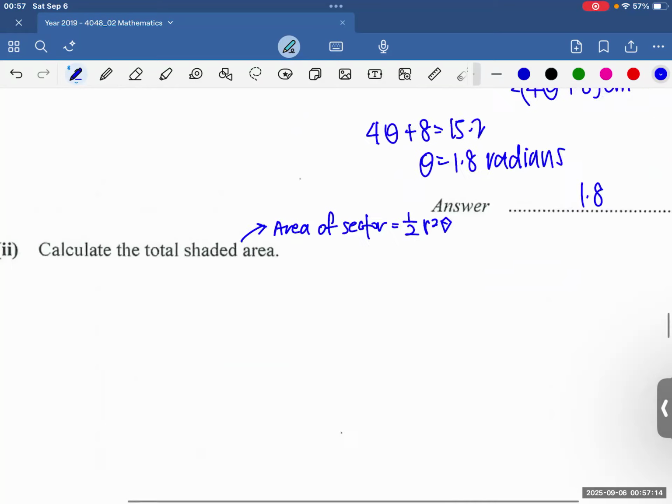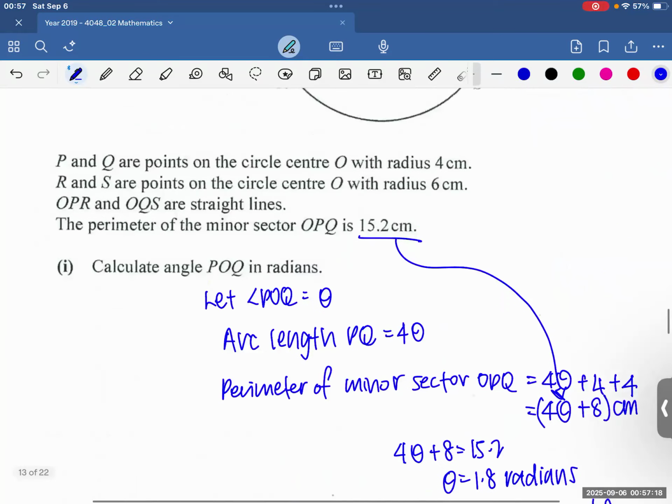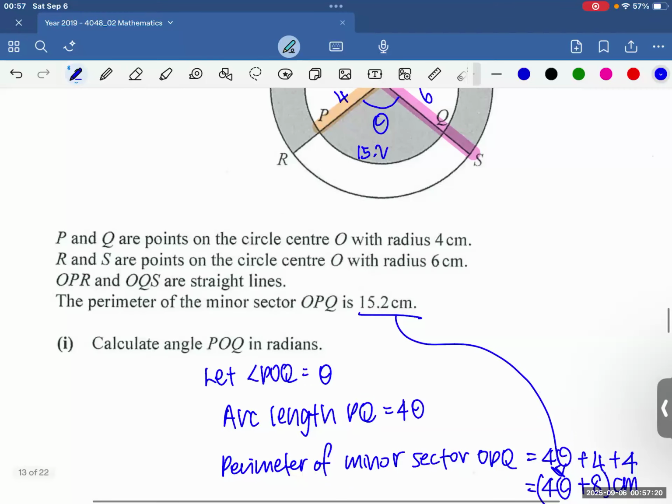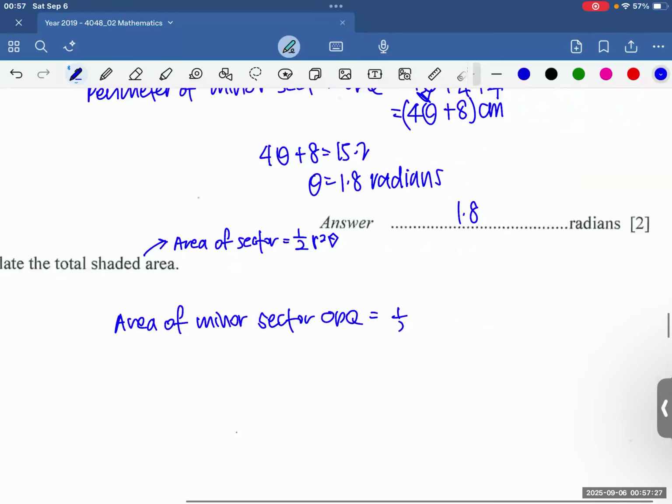First we find the area of the minor sector OPQ. That is half times 4 squared times 1.8, which gives us 14.4 cm squared.